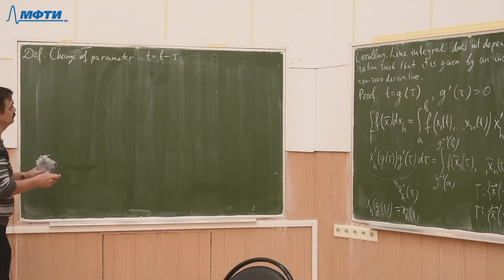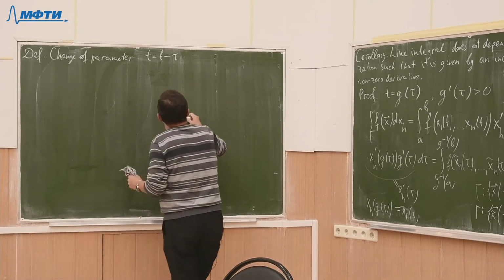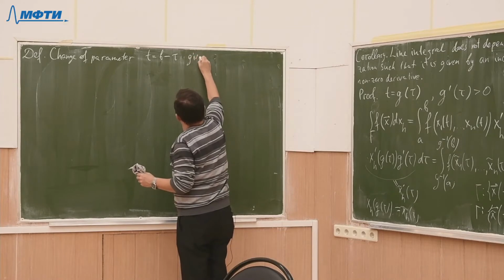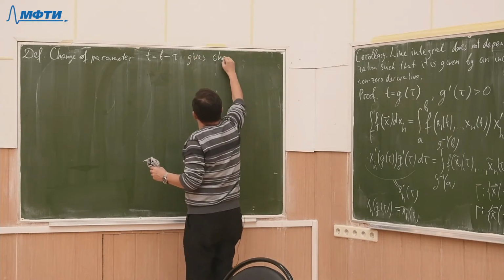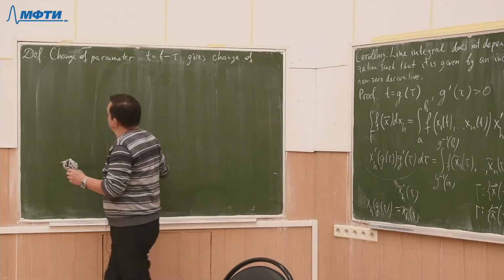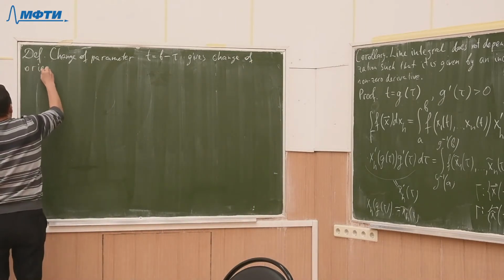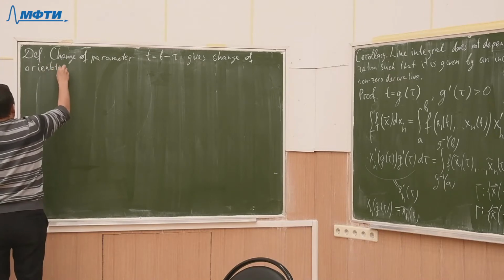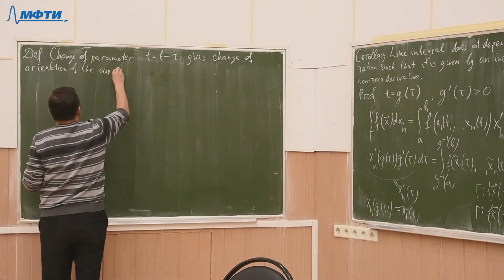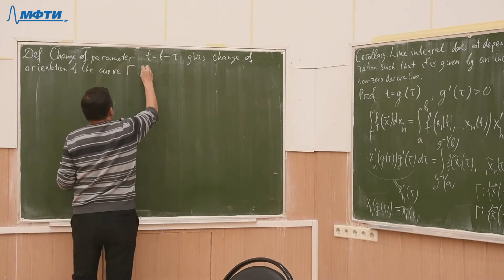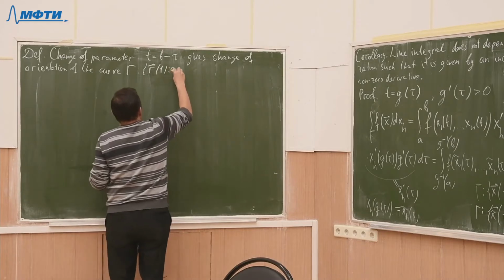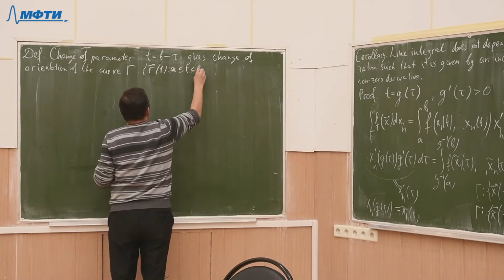Change of parameter gives change of orientation of the curve gamma, r of t, from a to b.